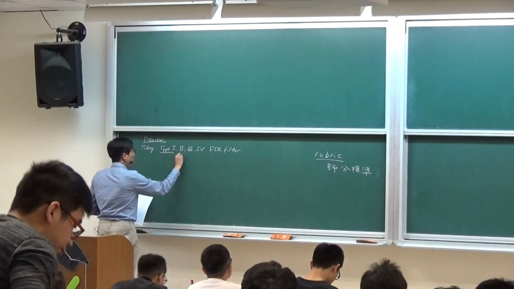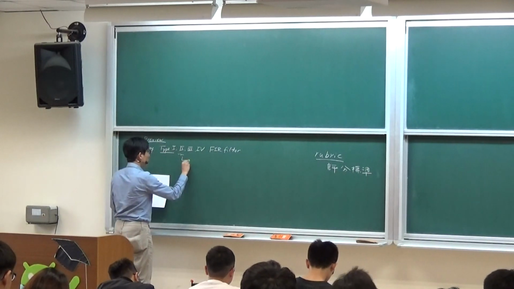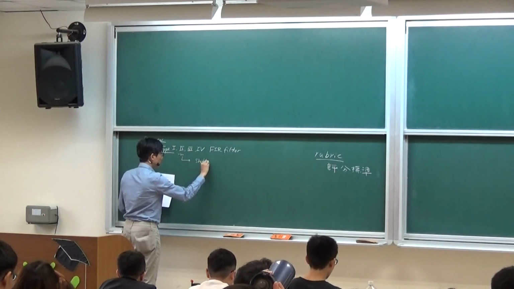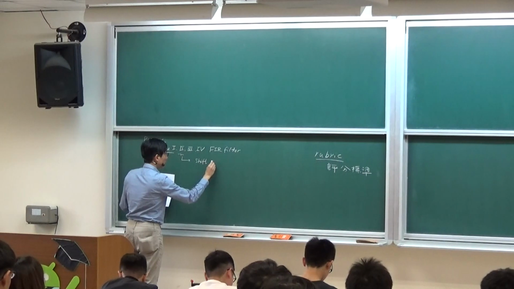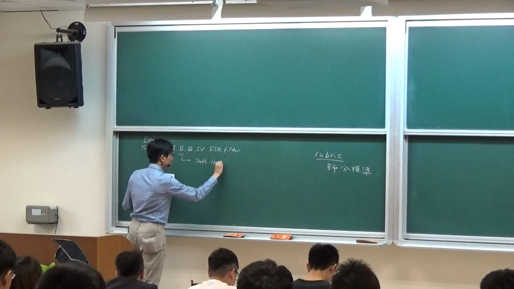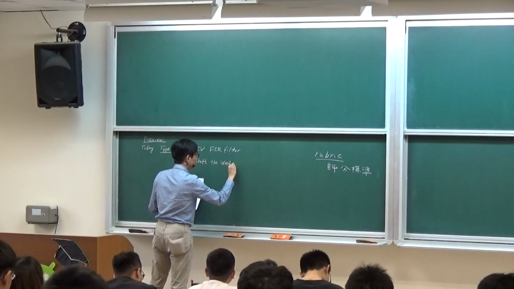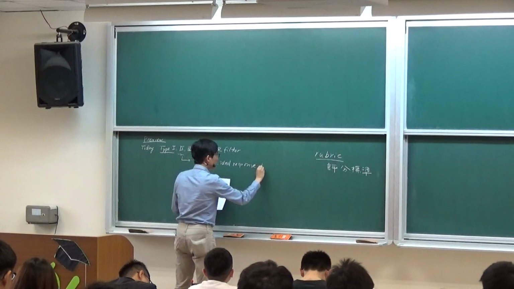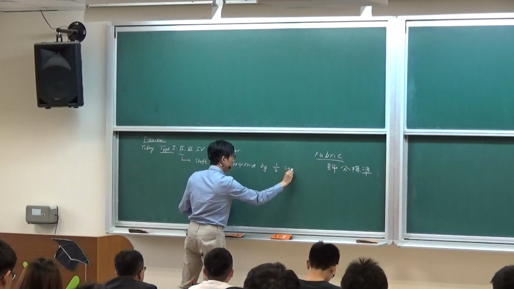So today we continue with type 2. The key idea is kind of strange: shift the ideal response by half a sample.